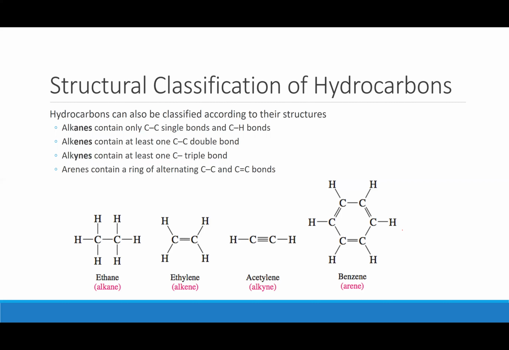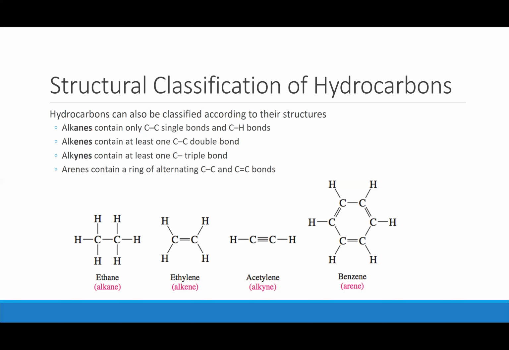Alkanes, with the ending that I've highlighted, ANES, means it contains only single bonds, carbon-carbon single bonds, and carbon-hydrogen bonds. Alkenes contain at least one double bond. And alkynes, with the YNES, contain at least one carbon triple bond.